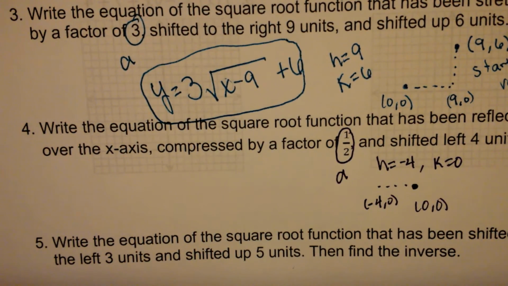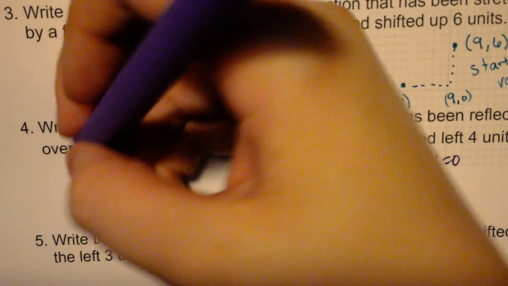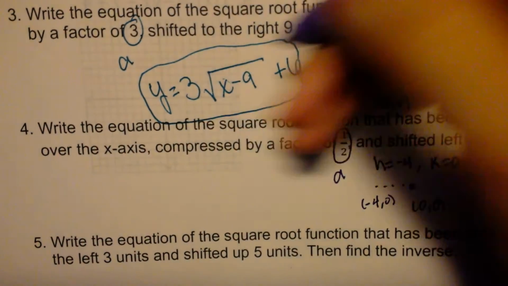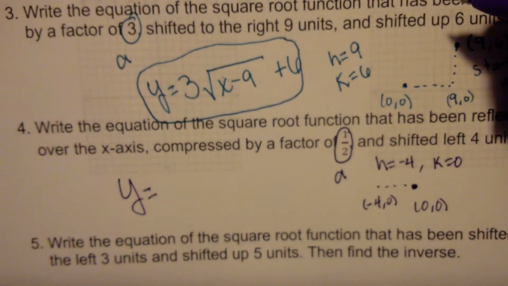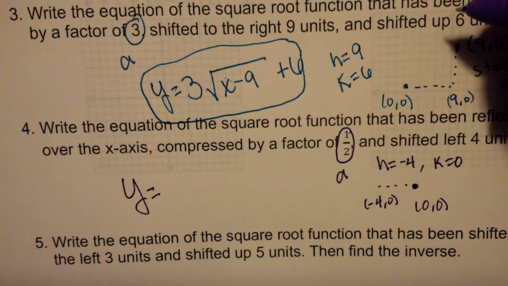And then reflected over the x-axis: for it to be facing up, and then reflected over the x-axis to be facing down, that's going to mean that I multiplied by a negative.